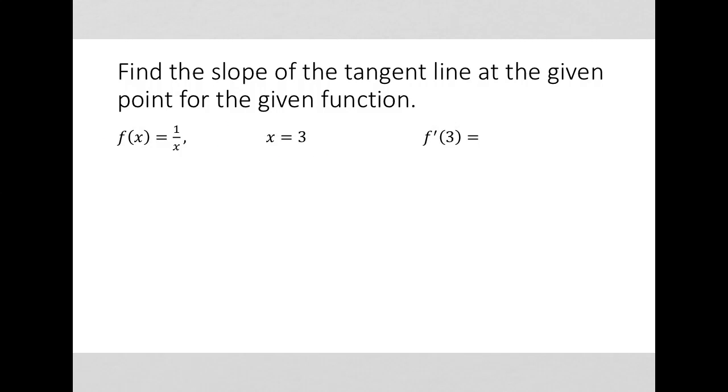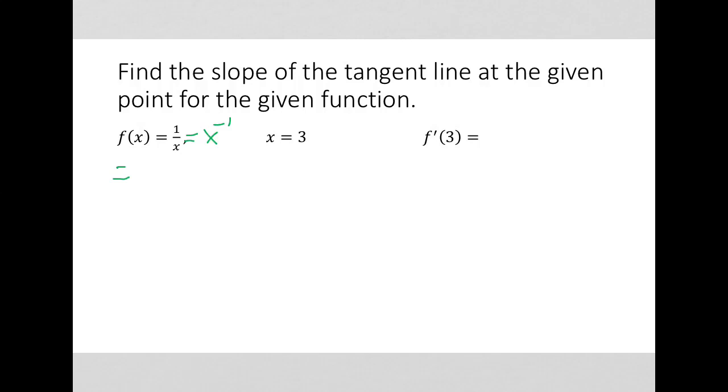And now I want you to do this problem, which is 1 over x. What I want you to do is find the derivative at the x value of 3. So use the power rule. First, rewrite this as x to the negative first.